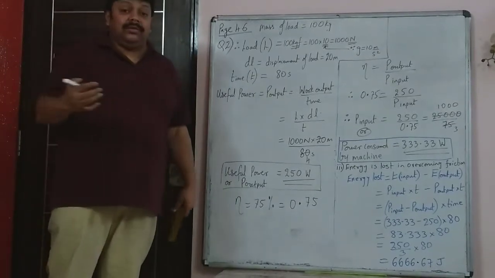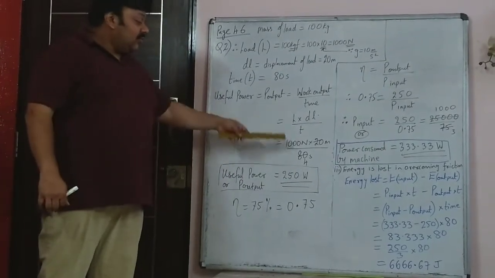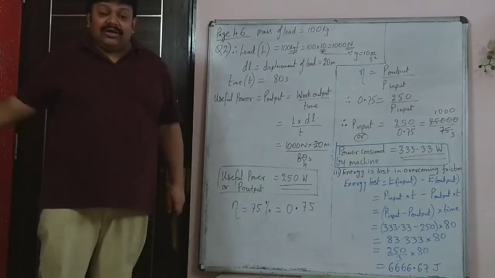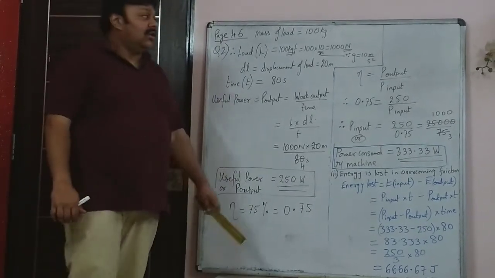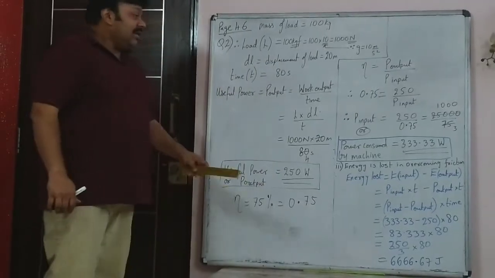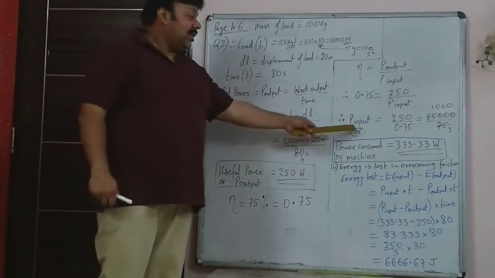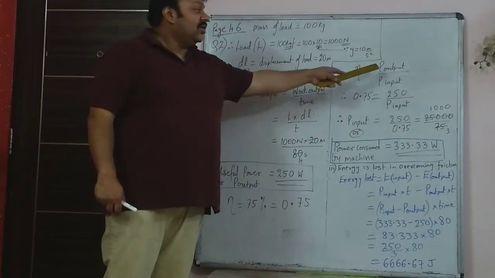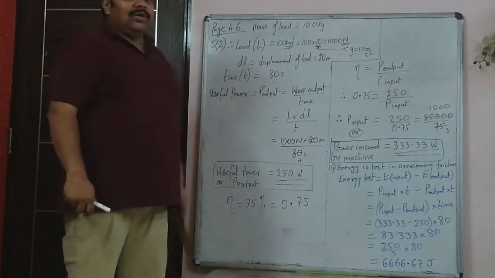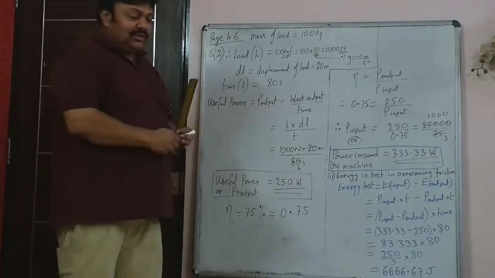Means what input are you giving? Output you are getting is 250 watt. But what is the input that you are giving so that you are getting an output of 250 watt? That power consumed by the machine is the power input. So you have to find it using the efficiency formula, power output upon power input, similar to the previous example.